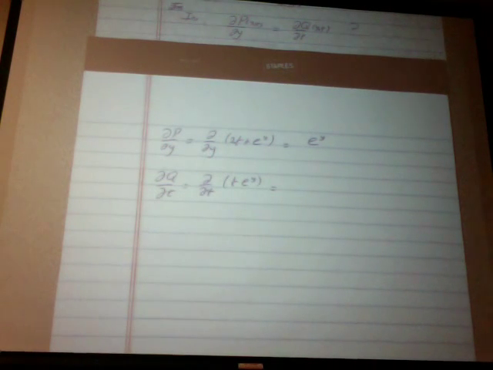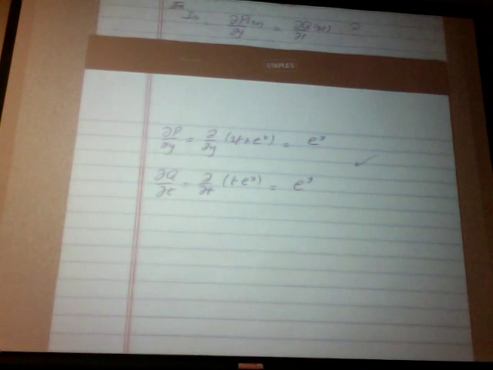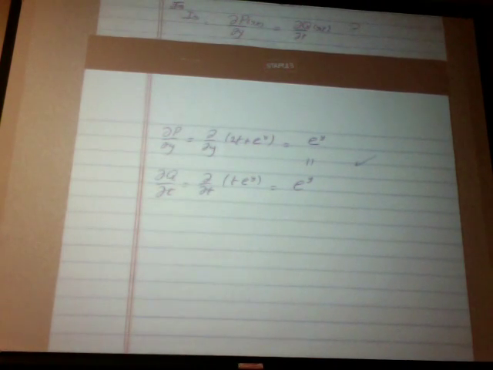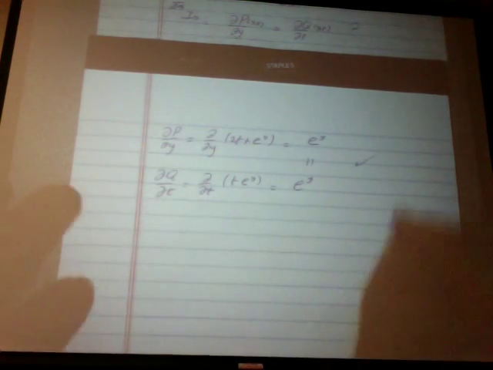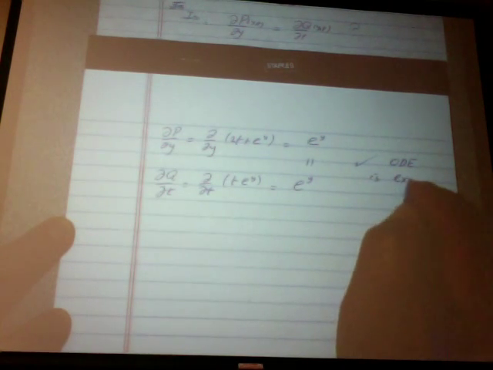What is that? E to the y. So yes, they're equal to each other. So now the ODE is exact.